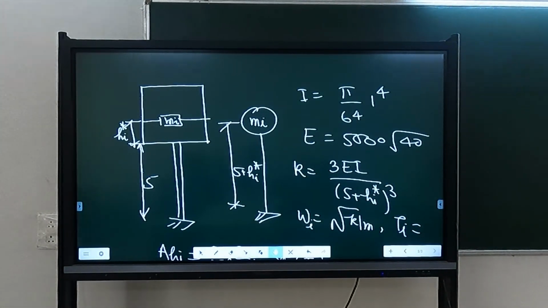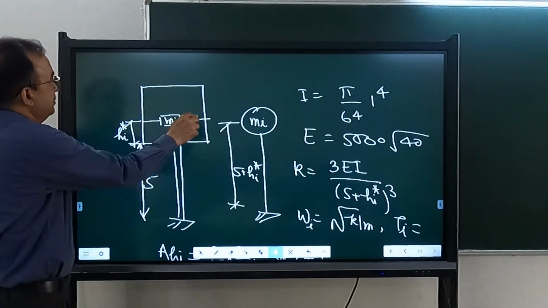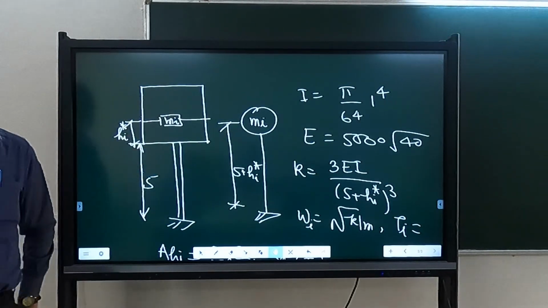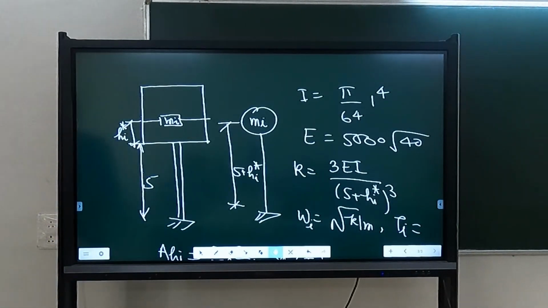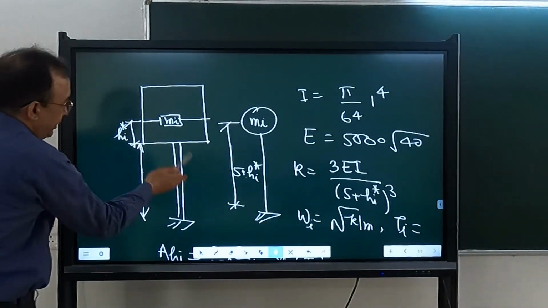Whatever you do, the force is acting here, so the stiffness will also be calculated here, where the mass is acting, at HI star, because this is due to overturning.